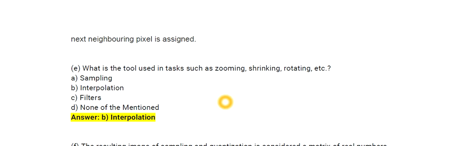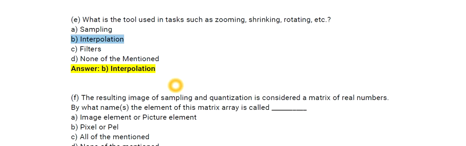We try to interpolate the pixels, and that process is nothing but our interpolation. So I have a very simple question for you. You need to answer through comment. Just define what you mean by the interpolation process. Very important, don't skip this. Write your answer in the comment box: what is interpolation.